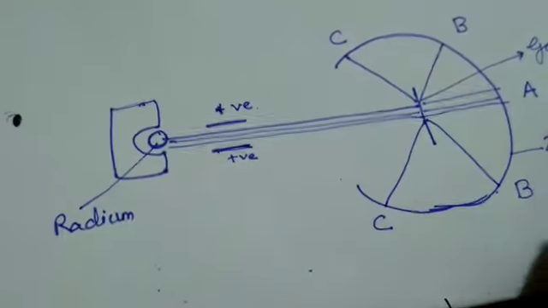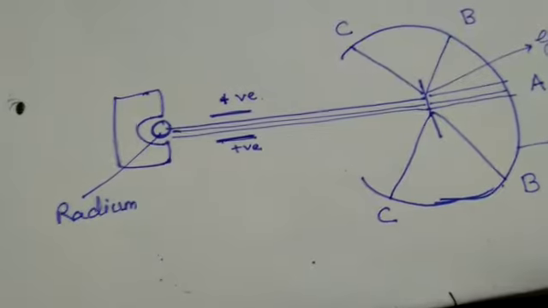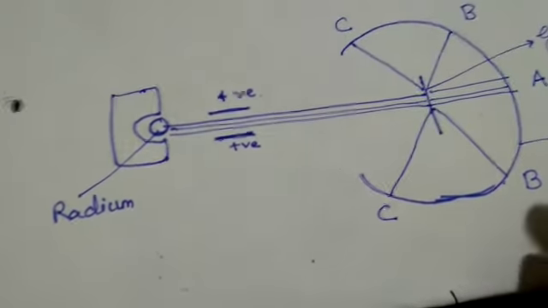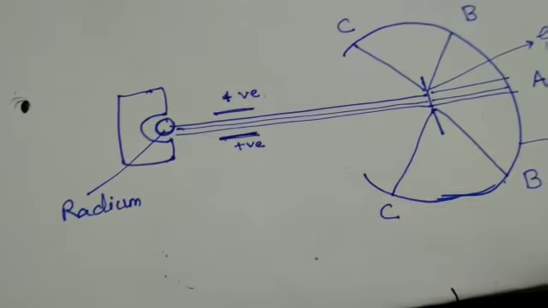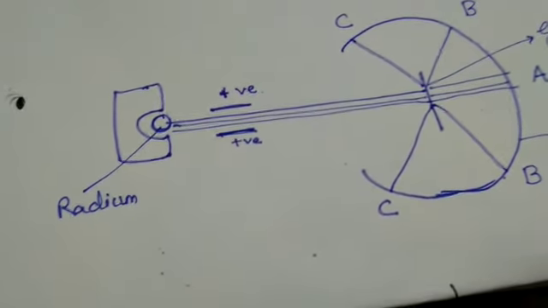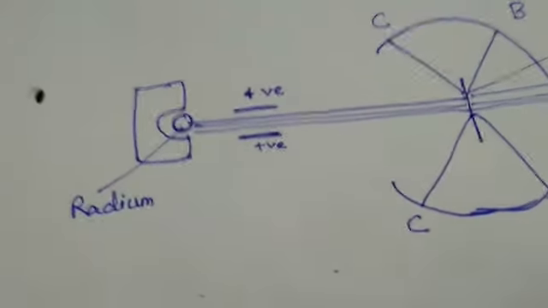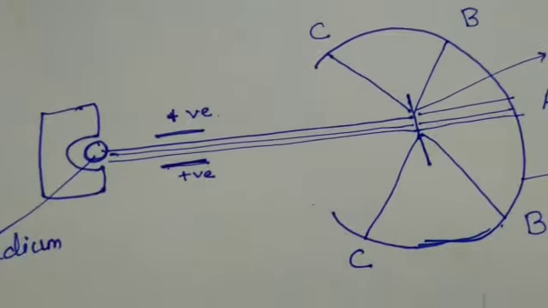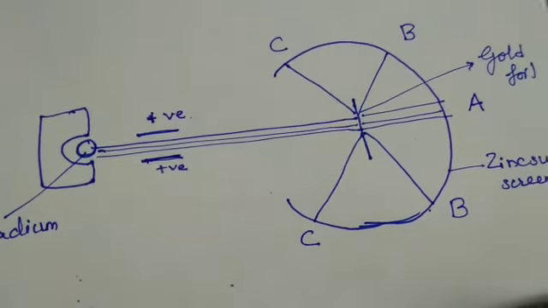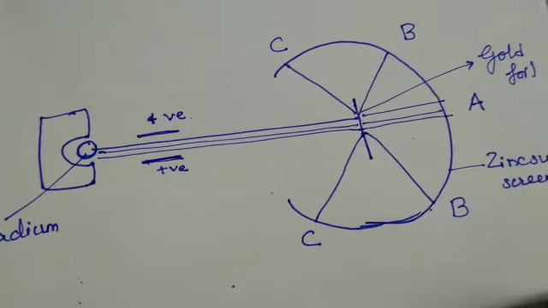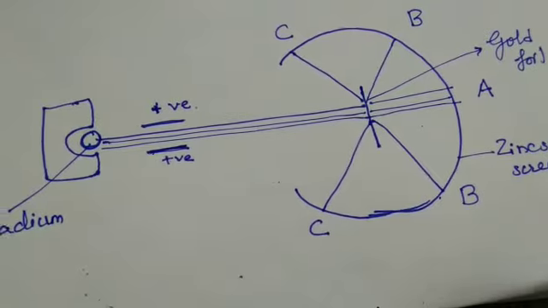This proved that the positive charge is present in a very small space in an atom, concentrated at the center of the atom. And though the atom is very tiny, most of the atom is empty, because the maximum glow was produced in region A. This showed that most alpha particles were able to pass through the gold foil straight, meaning they did not feel any repulsion.